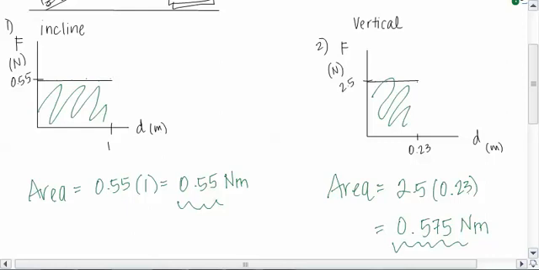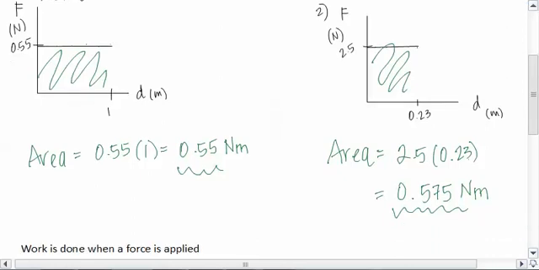What do you think about those two numbers? Are they close enough? Or are they just too far away? I think they're pretty much the same. So I applied a different force and different distances and got the same Newton meter from that application.